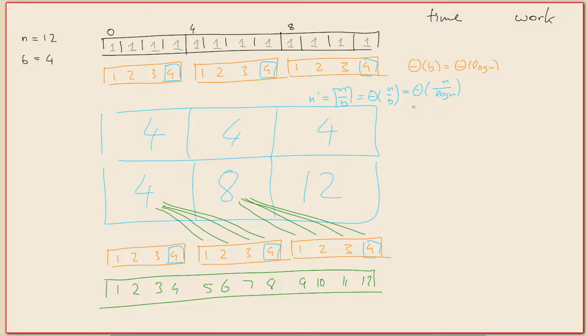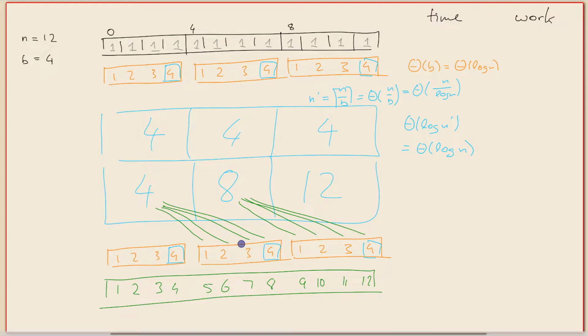I didn't write this. That's the size of the input, but the time for the blue part is log n prime. If you insert this definition of n prime into log n prime, then you get log n minus log log n. That's the same as theta log n. And finally, the green part, that's a bunch of additions.